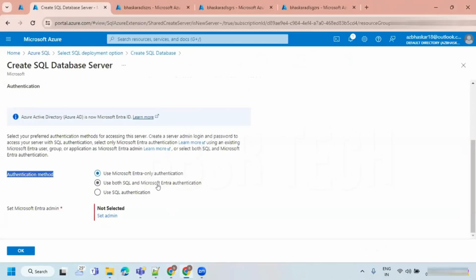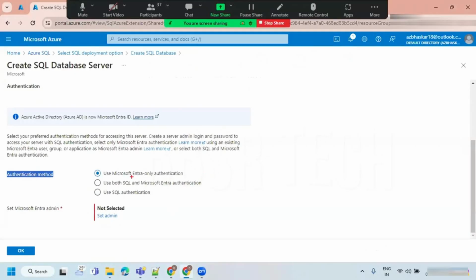We have three different types of authentication methods: Microsoft Entra only authentication, or you can go with the SQL authentication, or you can go with both of them, SQL and Microsoft Entra authentication.